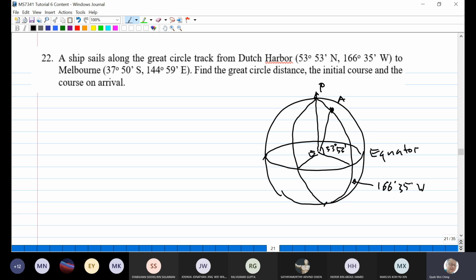Next, Melbourne is in the south, so south of 37 degrees 50 minutes here. So this is the point A, Dutch Harbor. This is Melbourne here, let's call it B. Okay, B is here. So let me use a red color to highlight: this is Dutch Harbor, and this is Melbourne.